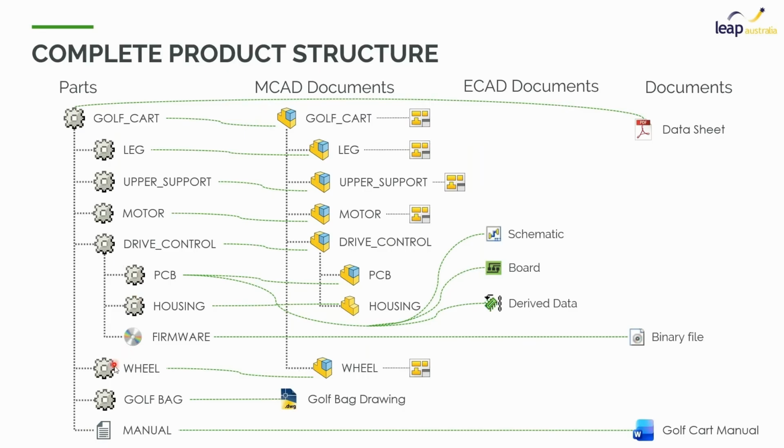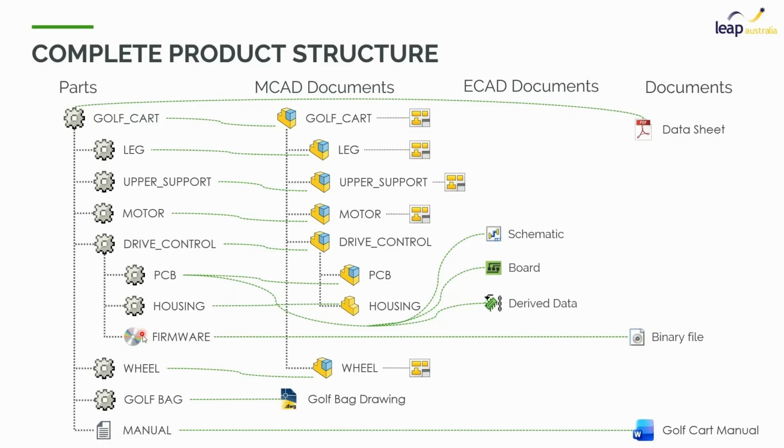We've got our gear icon that represents that, but then we might have a manual that's got its own part number. It's an item that goes into the box with our golf cart, but it has completely different attributes, maybe access controls, life cycles and everything to a mechanical part like the wheel. So we can subtype and create different types of parts. Okay, so we can have a different icon, different attributes, different life cycles.